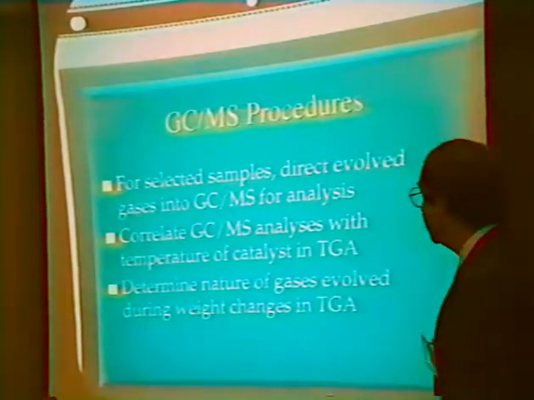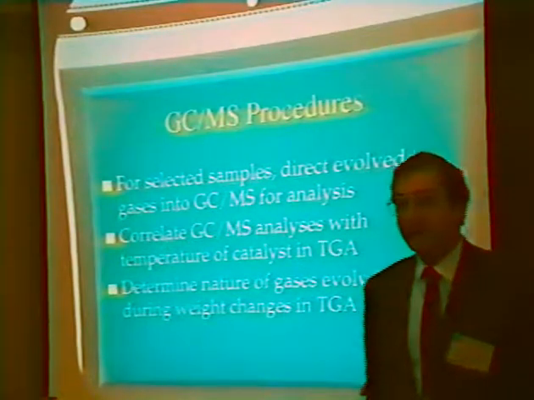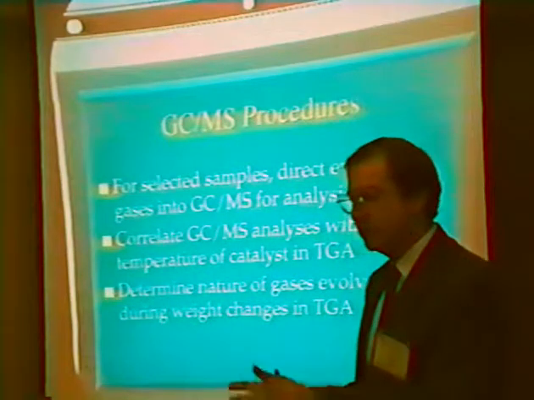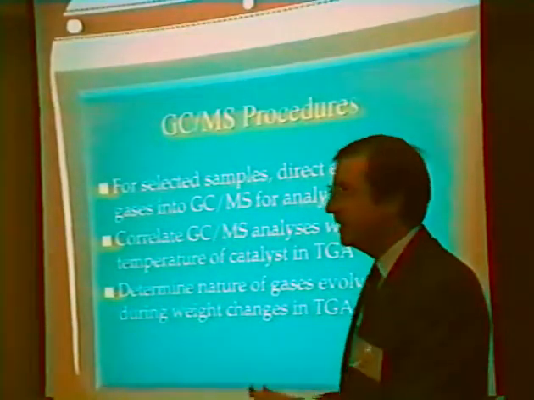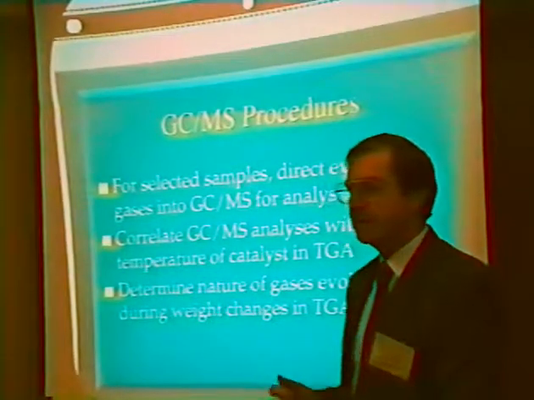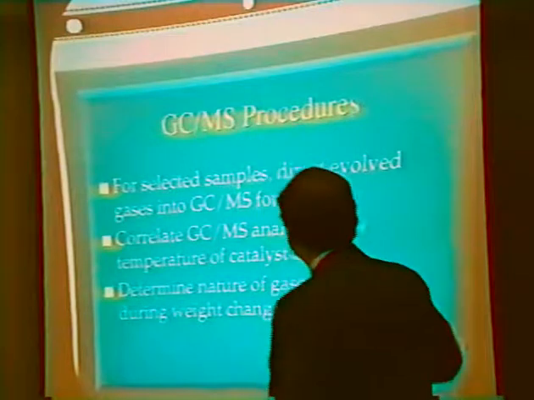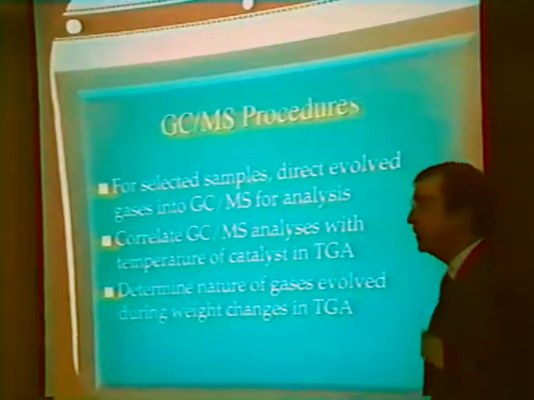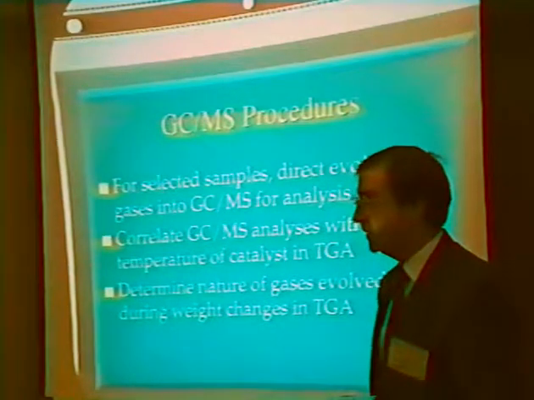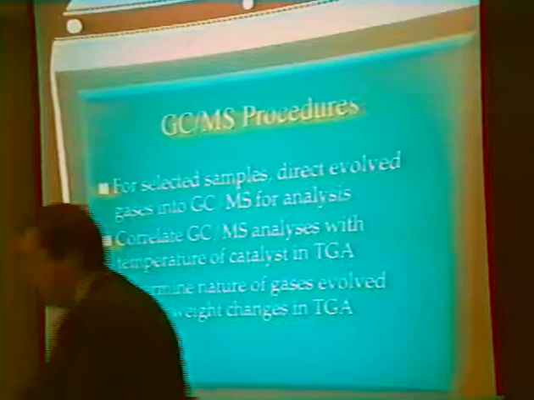And so for selected samples, we would direct the evolved gases into the GC mass spec to ensure that, in fact, when we are measuring a weight change around 600 degrees Kelvin, that is the temperature at which olefin is being produced, and therefore that's the signature of the Hoffman. This is an important test to do if you're doing it in the TGA. If on the other hand you carry out the reaction with the mass spec to follow it, it's not necessary to do this.